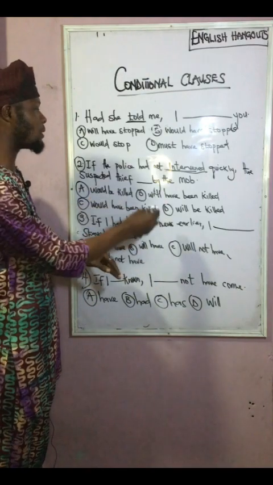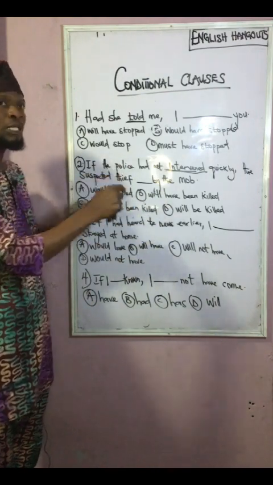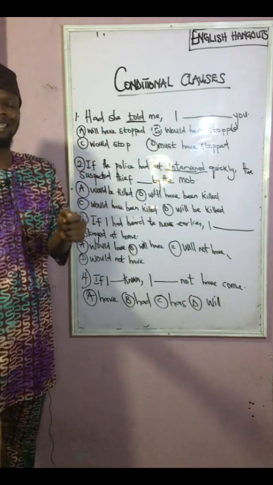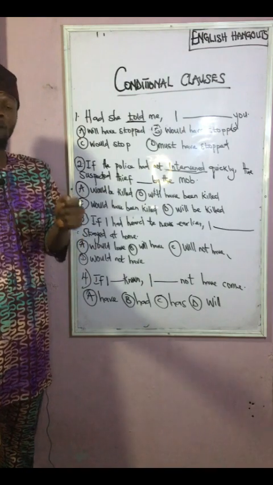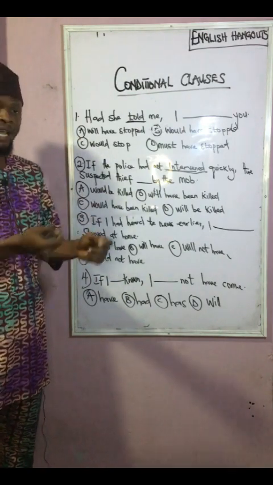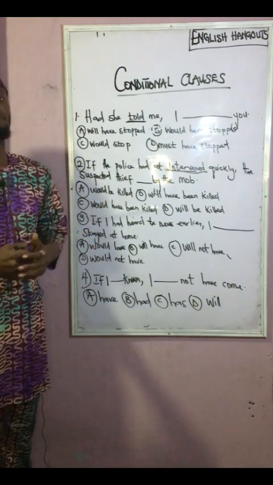Would have been killed by the mob here shows that the second clause and the first clause have to do with events that are unreal, events that are unlikely to happen. The event being talked about has not materialized.